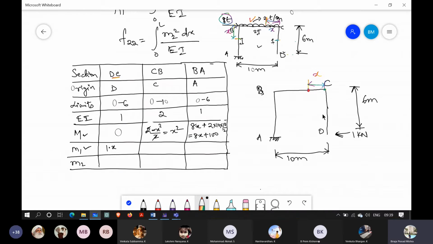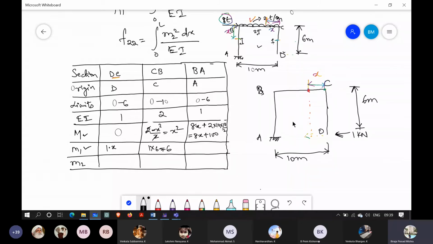This is 6 meters, so 1 into 6 only. No X will be there because X is not varying like this. So this is 1 into 6 equals 6.